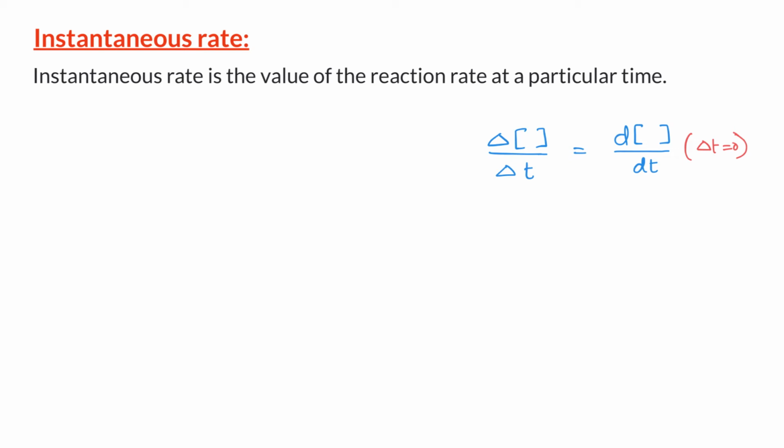The instantaneous rate is represented by d concentration divided by dt. If average reaction rate is analogous to average velocity of the car, then instantaneous rate is analogous to the velocity of the car at any moment in time. That is, the odometer reading on your car at a particular time.